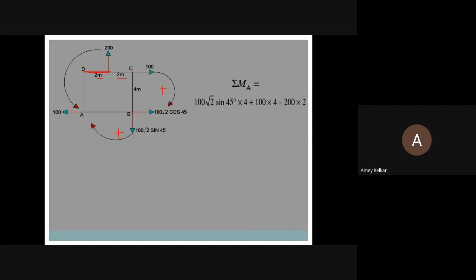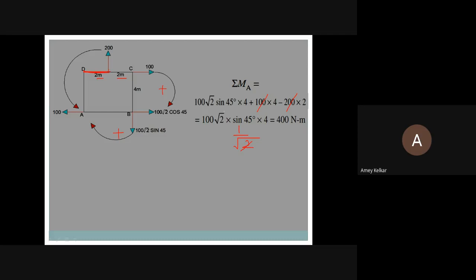Again, you don't require a calculator here. You can easily solve it. This 100 into 4 is 400, 200 into 2 is again 400. These both cancel out directly each other. Again here sine 45 means 1 by root 2.